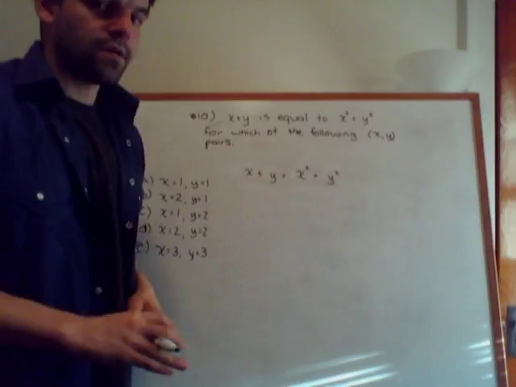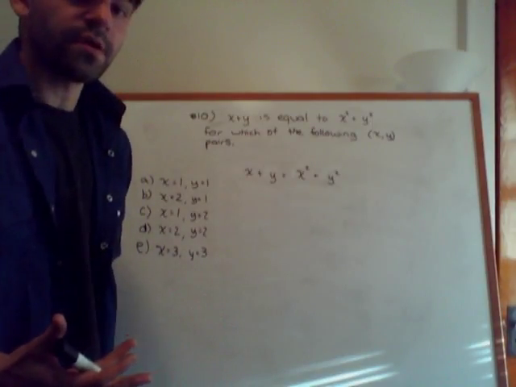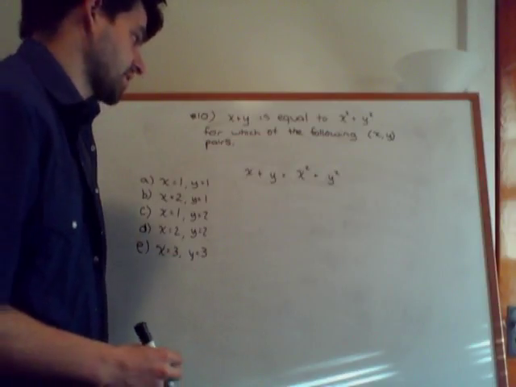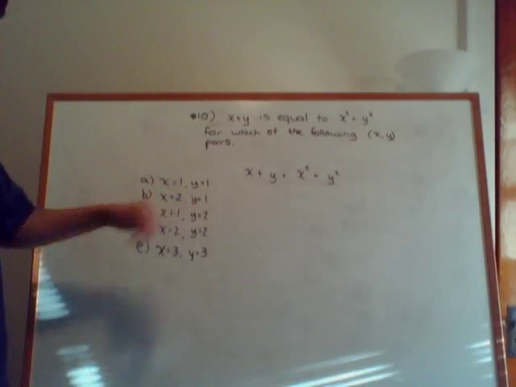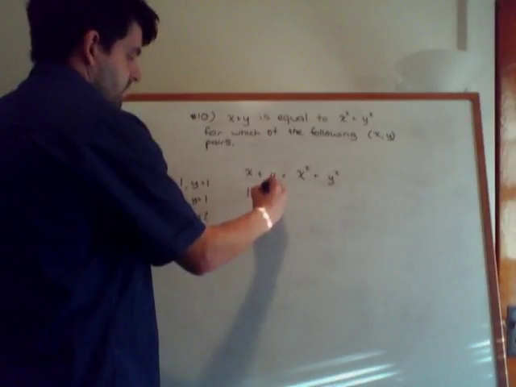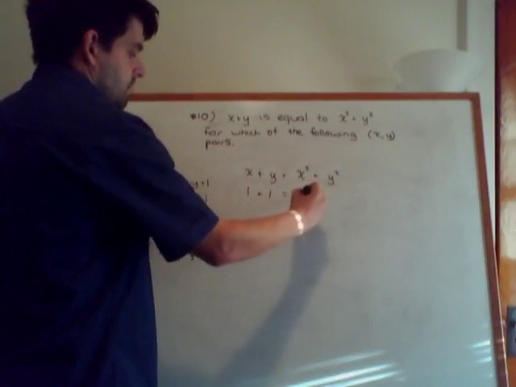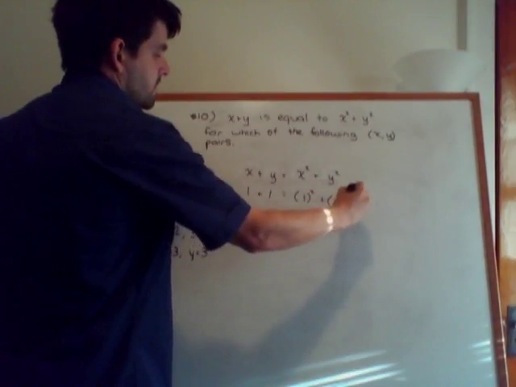So we're basically trying to figure out what value, when you square it, is going to give the same value as when it's not squared. And the answer is actually 1. So 1 plus 1 is equal to 1 squared plus 1 squared.